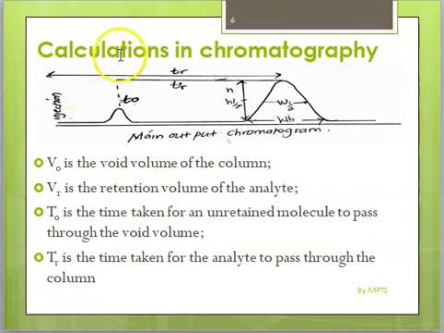The injection point is the void, the unretarded solvent, and then the retarded. Now W half and H half are used in calculation of the column efficiency. All these T's are retention times.